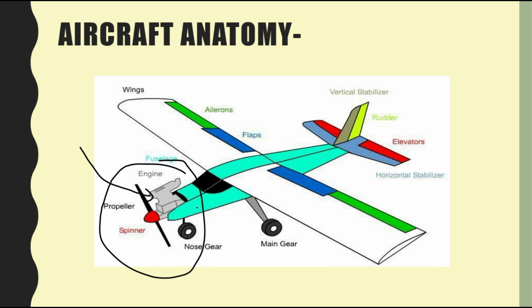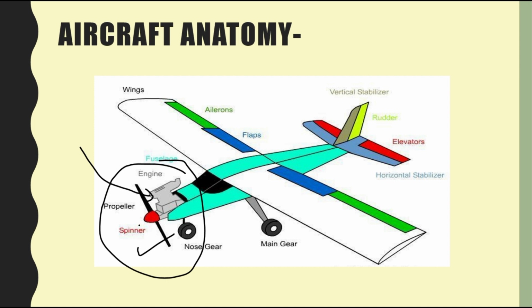So it can be a different powering source. Basically this is the powering source of an aircraft. What I mean by powering source is the thing that will rotate this propeller in order to have airflow over the wings. So this is the device which generates the airflow over the whole plane.